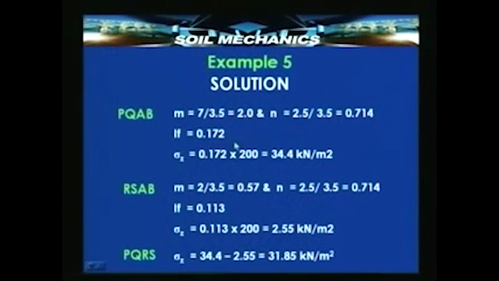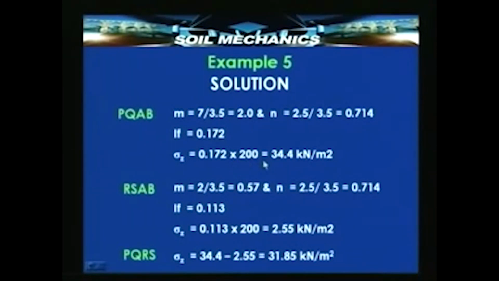So, we use that chart. For m and n we get equal to 2 and 0.714, we get influence factor as 0.172. The corresponding stress will now be this influence coefficient multiplied by the load equal to 34.4 kilonewtons per meter square.